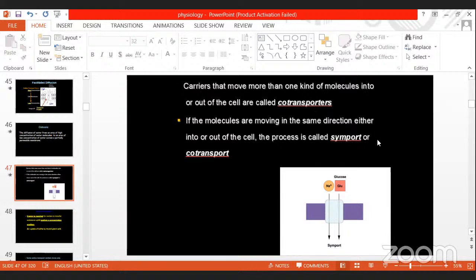If the molecules are moving in the opposite direction, meaning one substance is entering and the other is moving out, that is known as counter transport. So co-transport moves together in the same direction, and counter transport moves in the opposite direction.